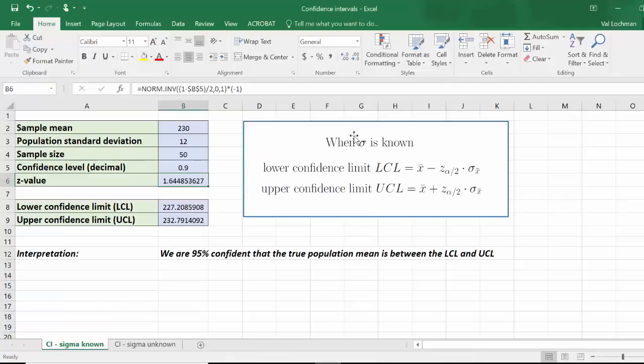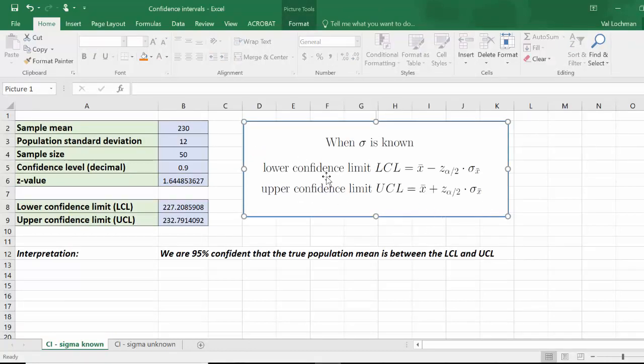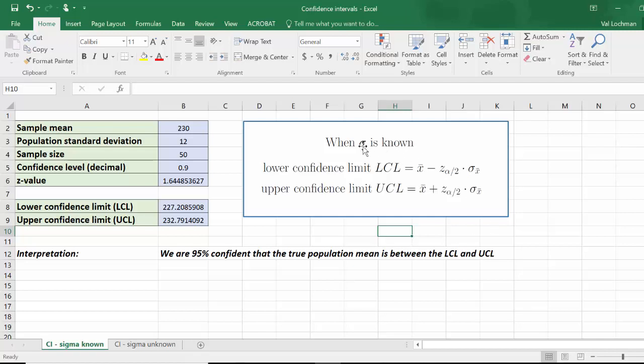So if we go back to our Excel file, here I'm giving you a formula, just a reminder how to construct a confidence interval if sigma is given to us. So it is sample mean plus or minus z of alpha over 2 times the standard error.